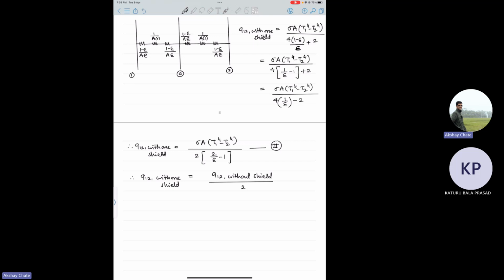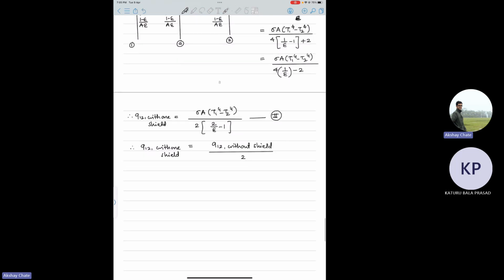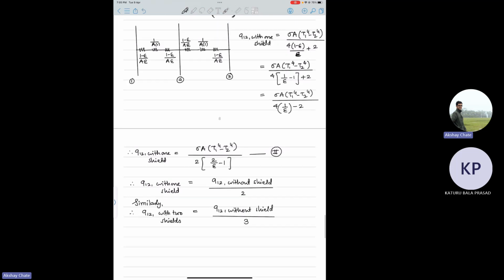And if you add a third sheet, I give it to you as an exercise, you'll observe that Q1 to 2 with two shields, or maybe I should write similarly, Q1 to 2 without any shield divided by 3. And it is intuitive also, right?